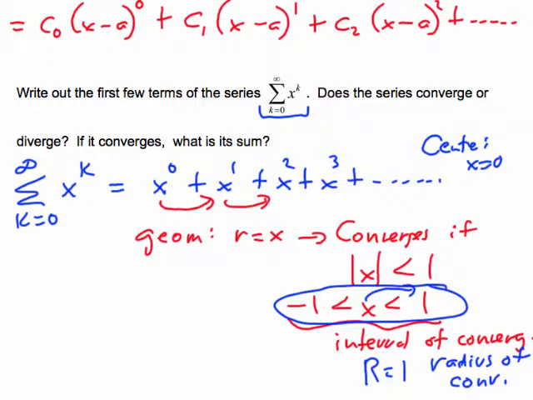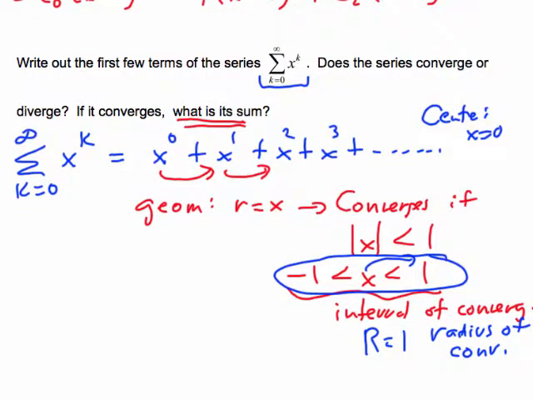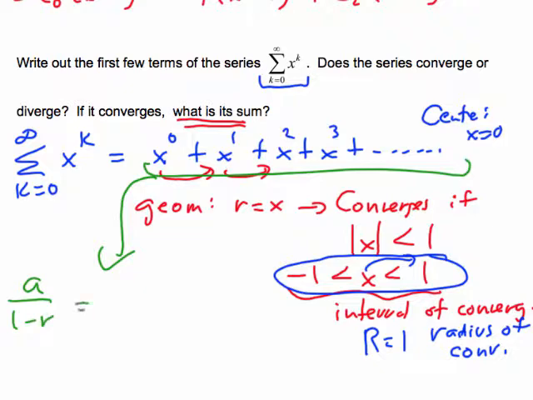Now we're also asked to find what the sum of this series is when it converges. Well, when it converges, we know that this will equal a over 1 minus r. And the first term of our series is 1, so this is 1 over 1 minus r, which is 1 over 1 minus x.